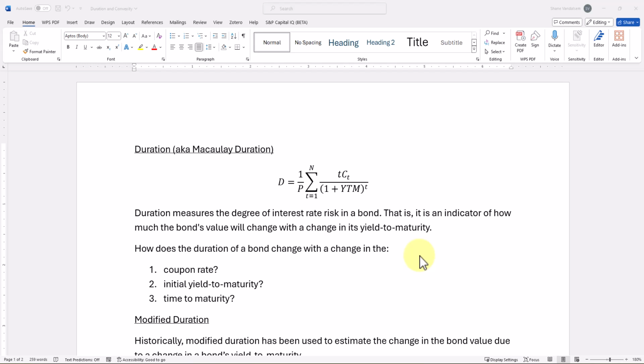Just to start off, duration is a measure of the interest rate risk of the bond. It's an indicator of how much the bond's value will change with a change in its yield to maturity. And I've given you the equation for it here.